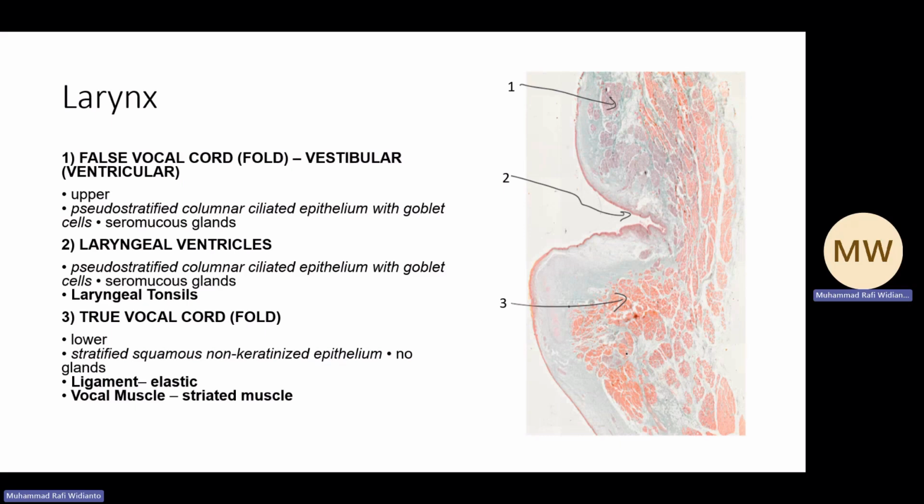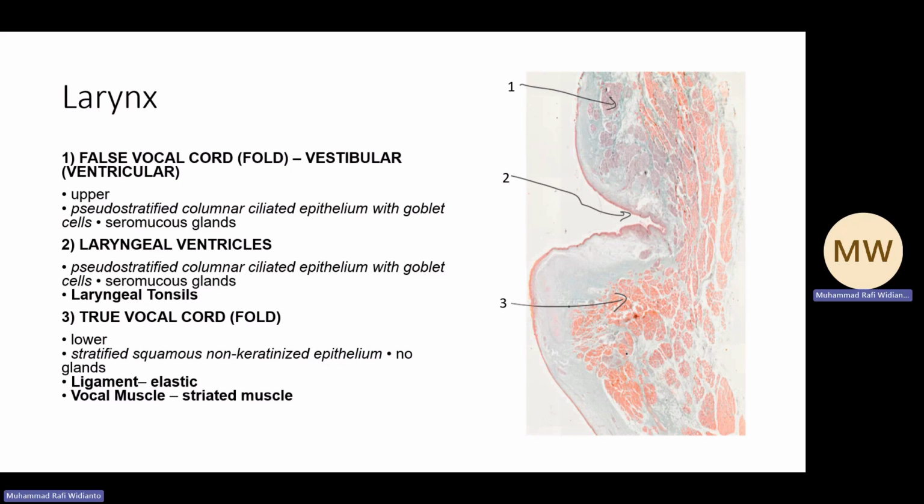The only difference is that the true vocal cords are very different because they contain a whole different epithelium, which is the stratified squamous non-keratinized epithelium, and they do not contain any glands. And it also has an elastic ligament, and it also has a striated muscle, which helps control the abduction and the adduction of the vocal cords for us to speak properly.